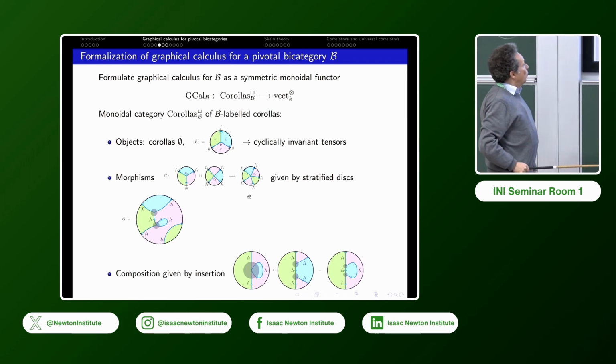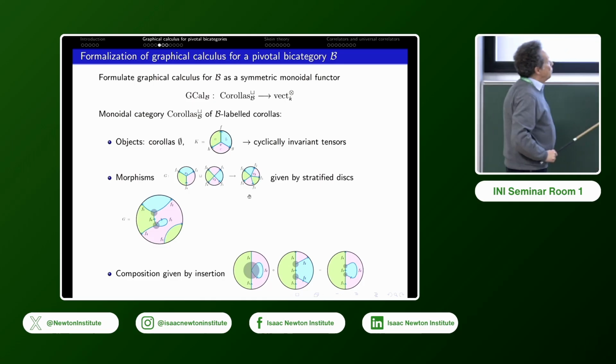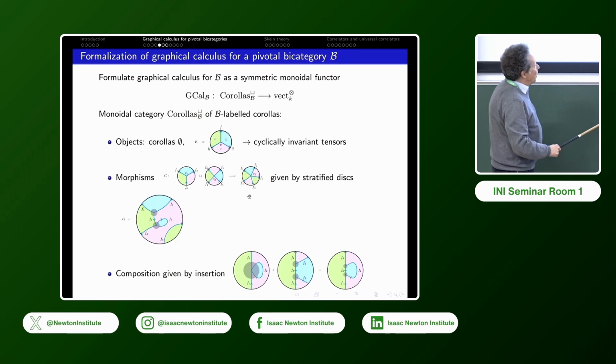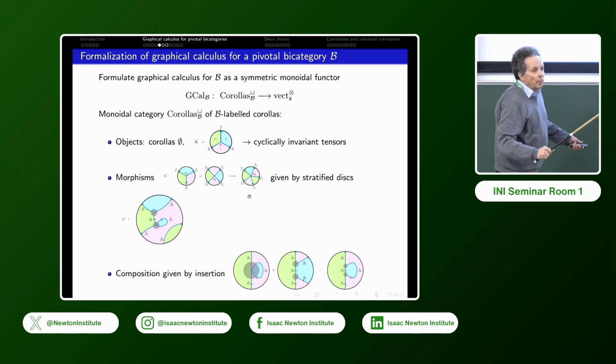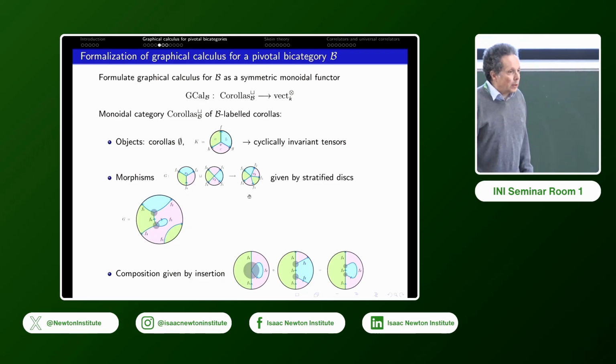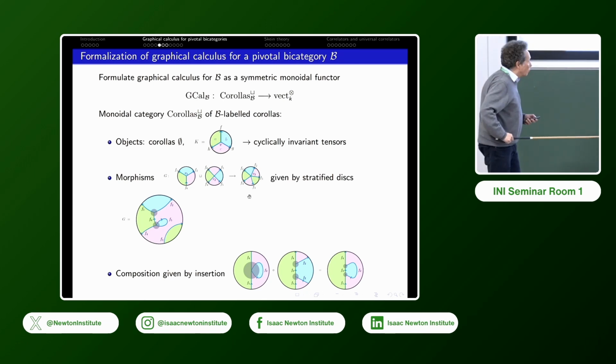And this is a morphism, and you can compose morphisms by inserting, for example, this disk into the shaded disk, and you will get this one. For those of you who have heard about operads, this is not a coincidence. It's a variant of an E2 operad that we study here. So that's to be kept also secret at this conference.